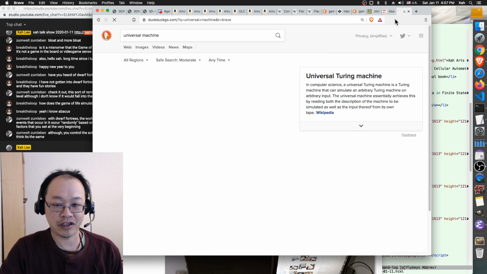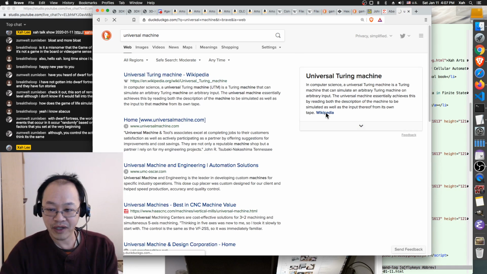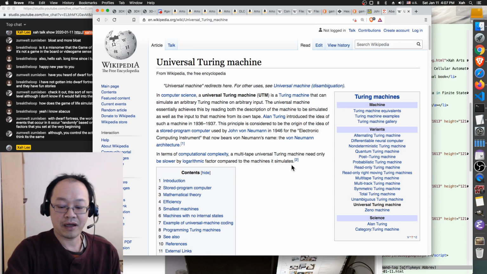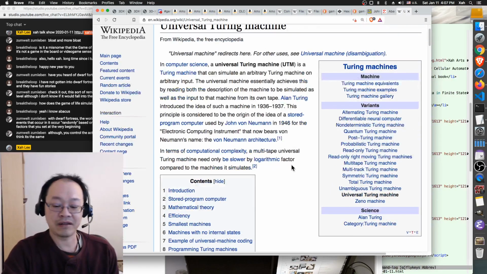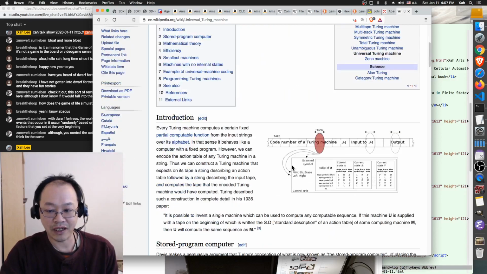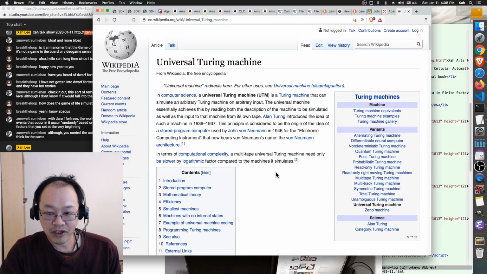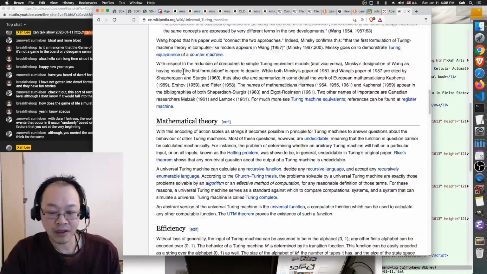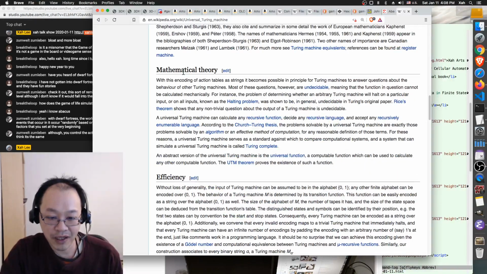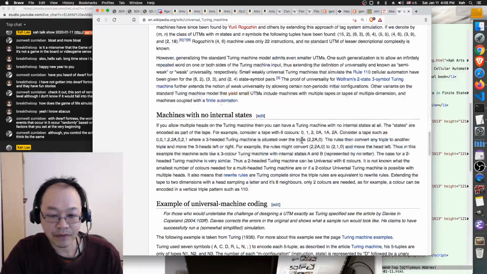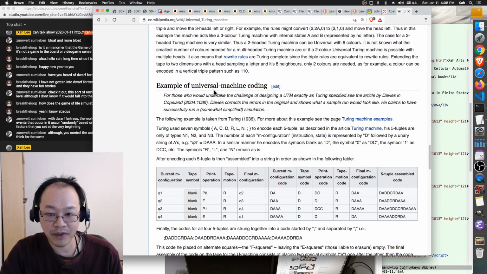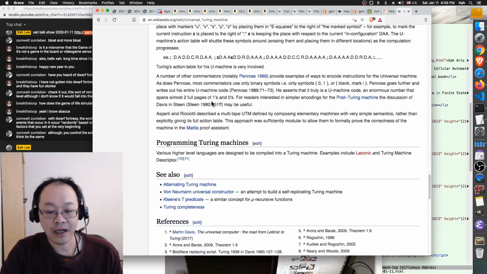They have definitions. If we read Wikipedia, I can interpret and explain what it is. Universal Turing machine. Introduction, stored program computer, mathematical theory. Examples of universal machine coding, and programming.